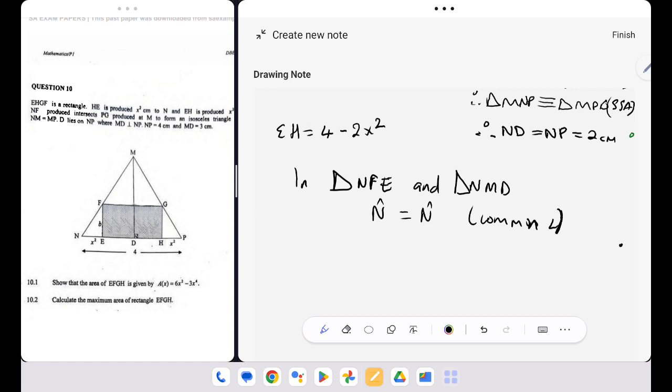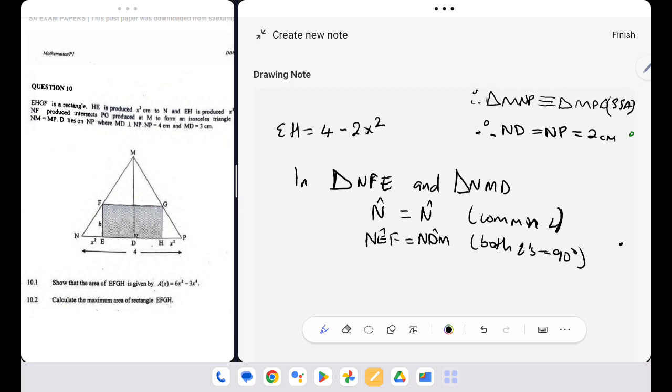Angle N is a common angle, and I'm told that this thing is a triangle, so that simply means that angle NEF is equal to angle NDM, because both angles are equal to 90 degrees.